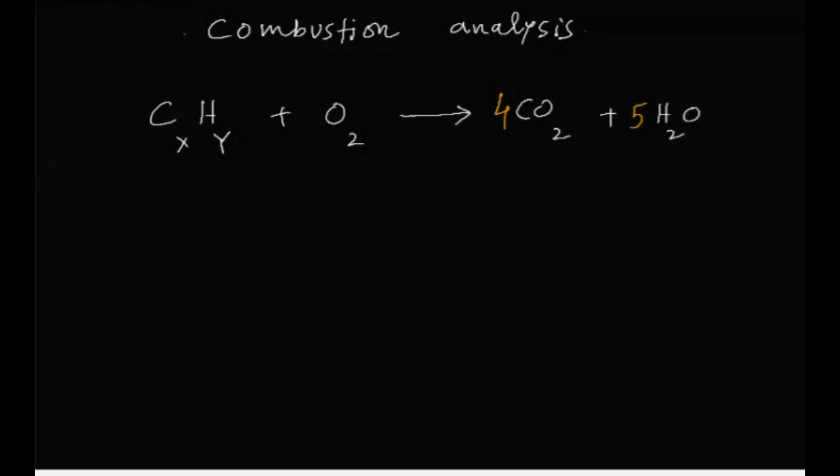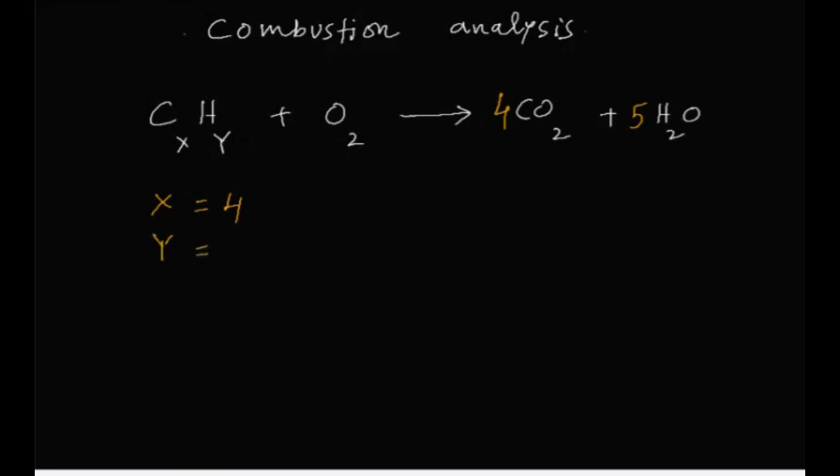Now you have 4. I have already told you that if you have 4 before the carbon dioxide, it means that there are 4 carbon atoms in the hydrocarbon. So the value of X must be 4. Now look at the coefficient which is before the water. Now, you have a 5, make it double.